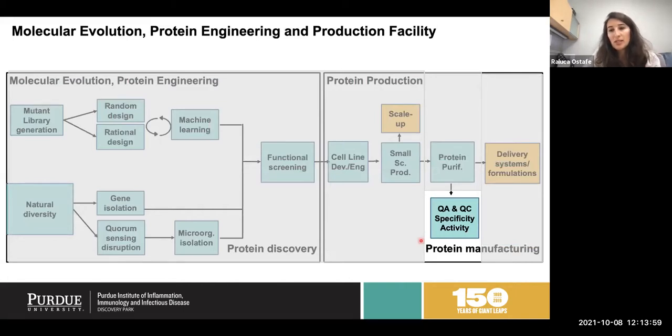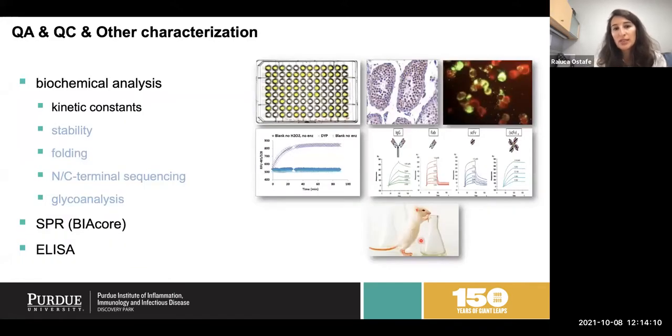After we have, of course, quality control and assurance and the different assays that we can test at the end of the fermentation process. Mostly we are focusing on biochemical analysis, determining the kinetic constants for enzymes and antibody, and we do a lot of binding studies based on surface plasmon resonance or ELISA.